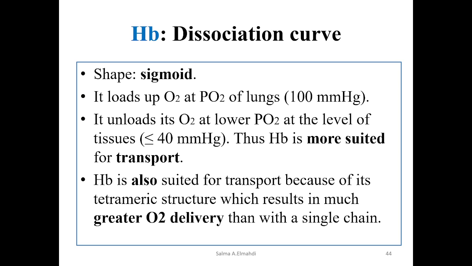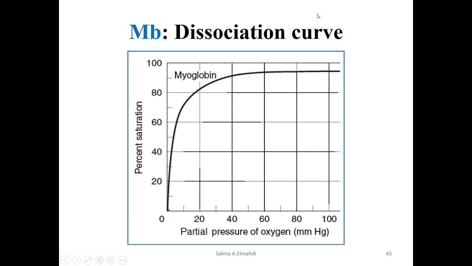In comparison, the dissociation curve of hemoglobin is sigmoid in shape. It loads up oxygen at the partial pressure of the lungs, at very high pressure. Unlike myoglobin, it can unload, as you can see here.